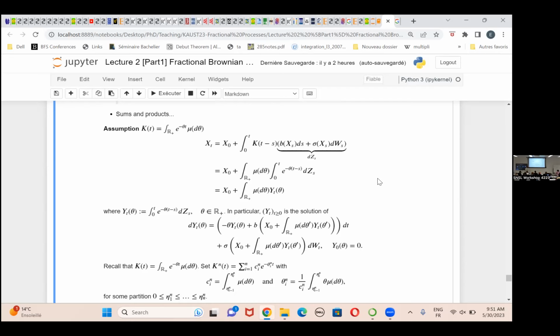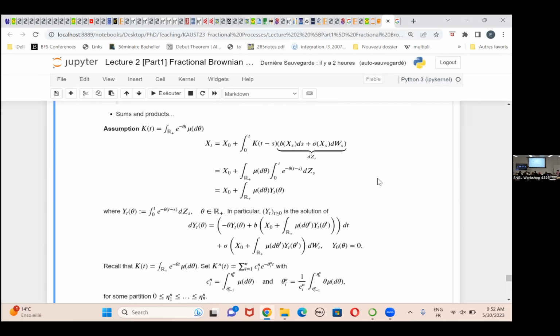Now, if I take a measure mu which is absolutely continuous with respect to the Lebesgue measure, which is the case, for instance, for the fractional kernel, how many factors y do I have? I have infinitely many, because here you integrate over d theta. And so this means that fractional Brownian motion, in a way, is Markovian, but in infinite dimension.